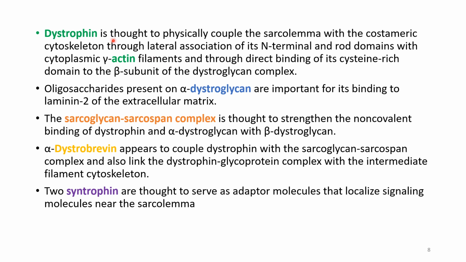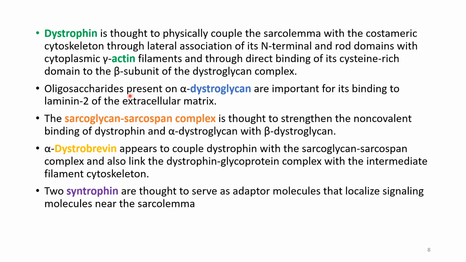So dystrophin connects the costameric cytoskeleton, which has actin filaments, to the beta subunit of the dystroglycan complex, where the cysteine-rich elements are connected with the help of dystrophin.